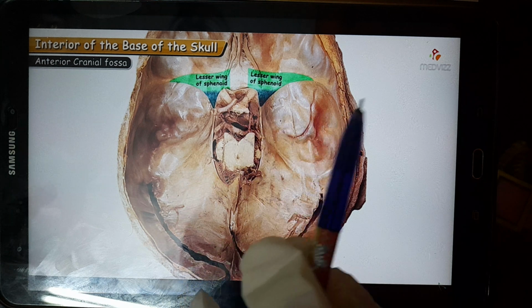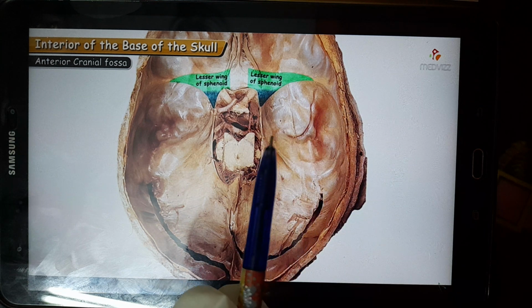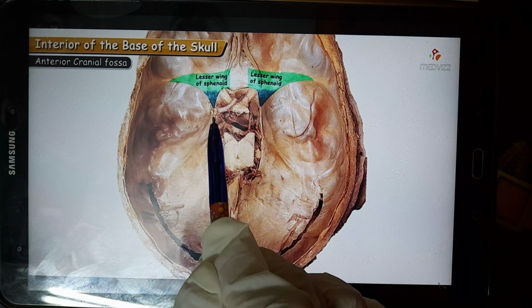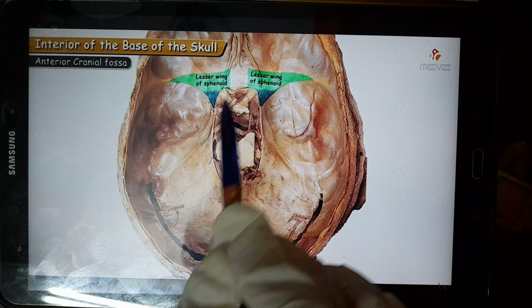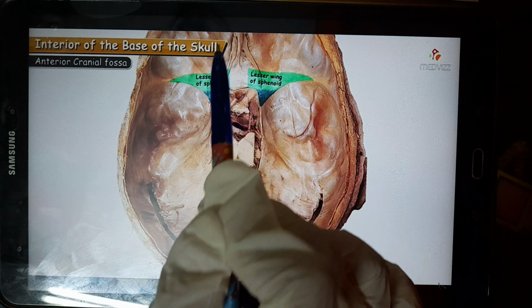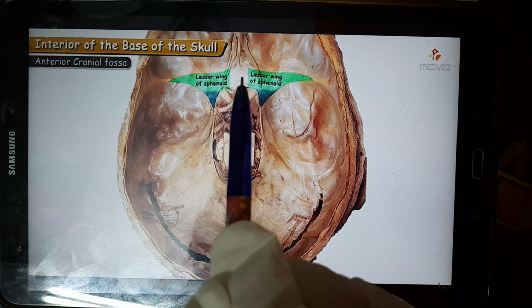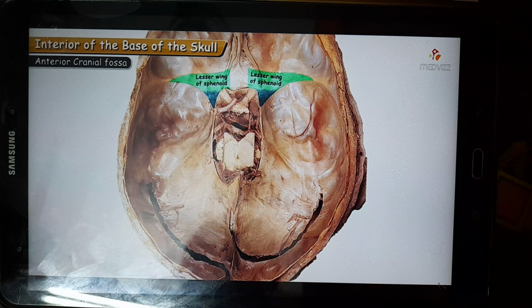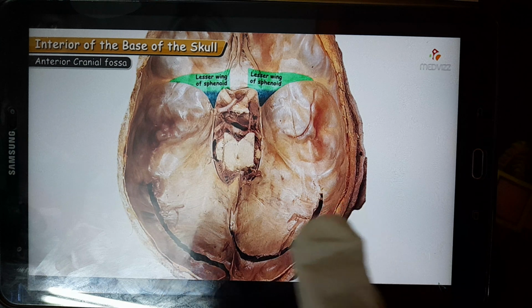So your skull or the anterior cranial fossa is giving two attachments to the two folds of the dura mater. One fold is this, which is the tentorium cerebelli. The other fold was at the level of crista galli and the frontal crest, which was the falx cerebri. With this, we are now done with the anterior cranial fossa from both the skull and from the diagrammatic view with the notes.